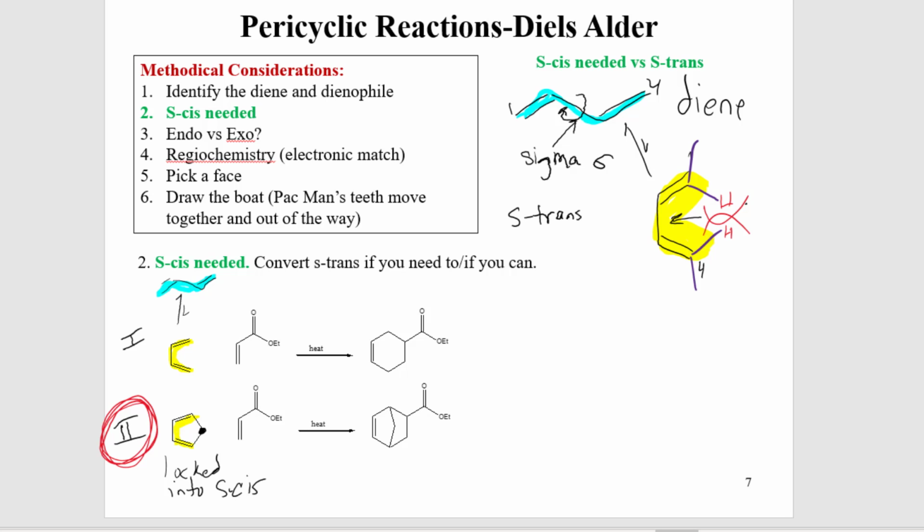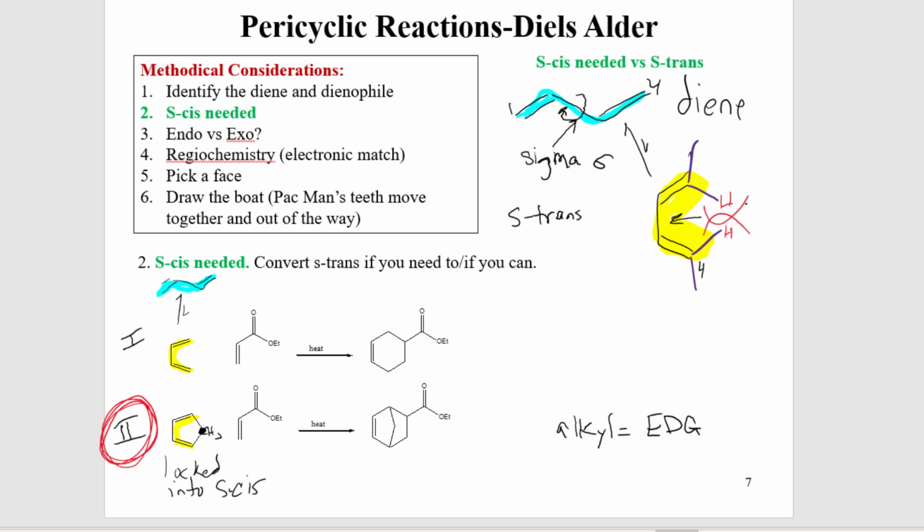The other thing about it, if you think about it, is that that carbon not only locks it, but it's also a CH2, right? Methyls, ethyls, butyls, any alkyl group is considered to be an electron donating group. So if you notice in 1, it doesn't have any appendage off of the diene. So there's no donating group.